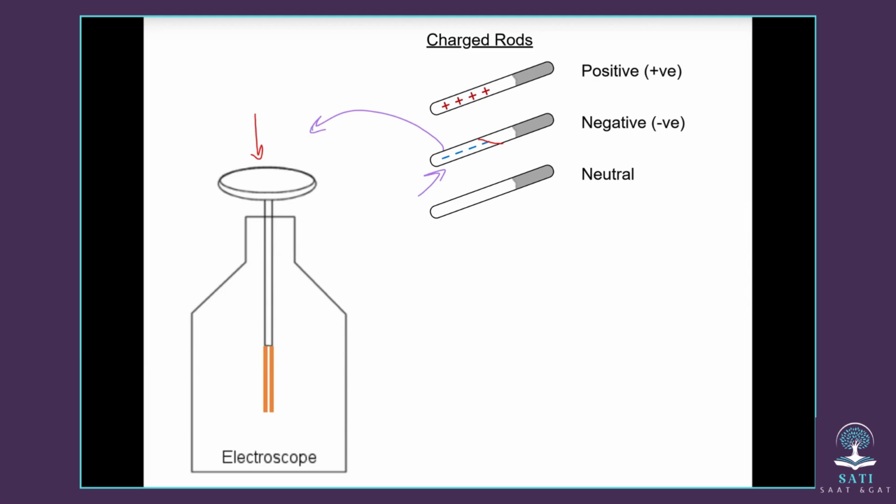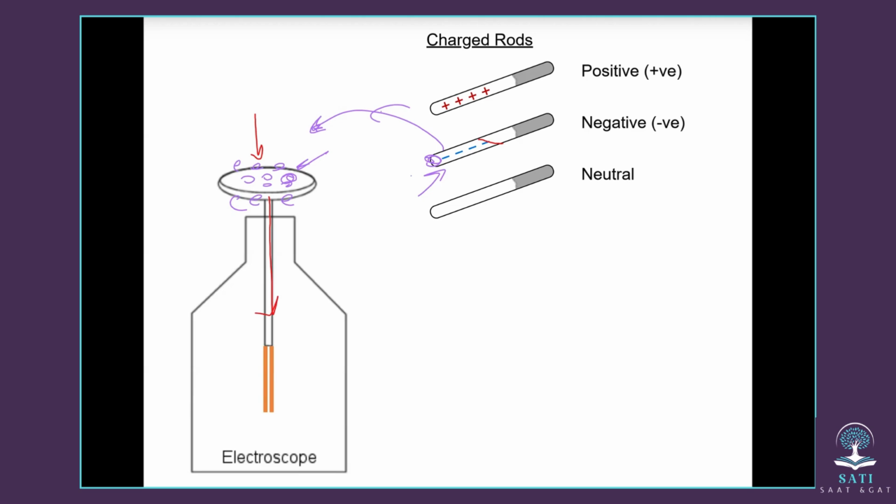When it is close, its electrons and the electrons here will repel each other. They'll try to move away from each other. As the rod moves towards the disk, these electrons will try to move away from the rod. How will they move? They'll move down. The electrons will move down.